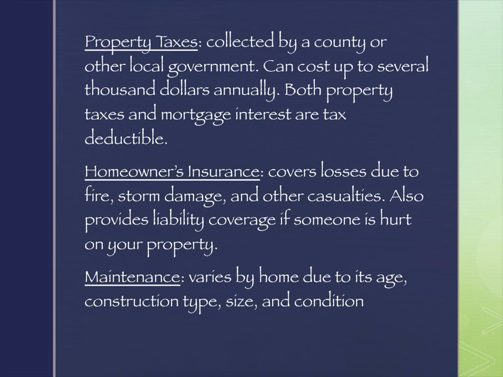Second thing, homeowners insurance. Homeowners insurance covers losses due to fire, storm damage, and other casualties. They cover losses for somebody getting hurt on your property. So you'll see your homeowners insurance sometimes be increased in places where you have storms like us, right?